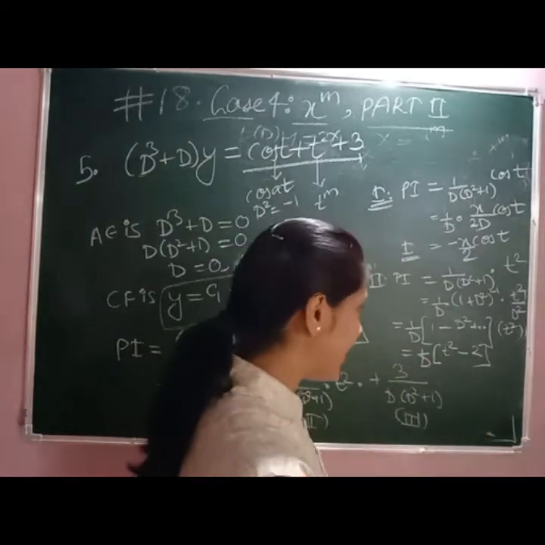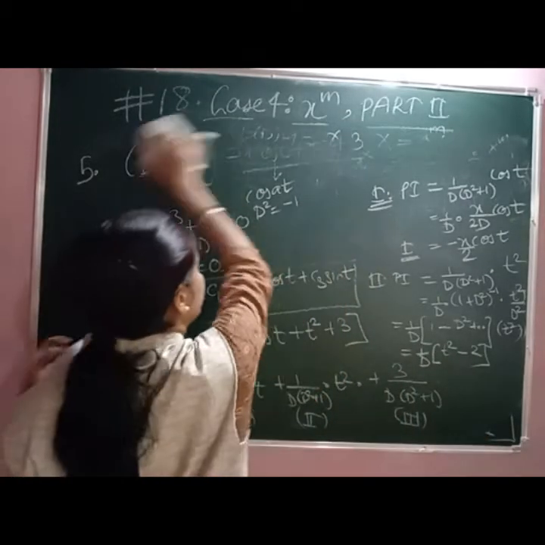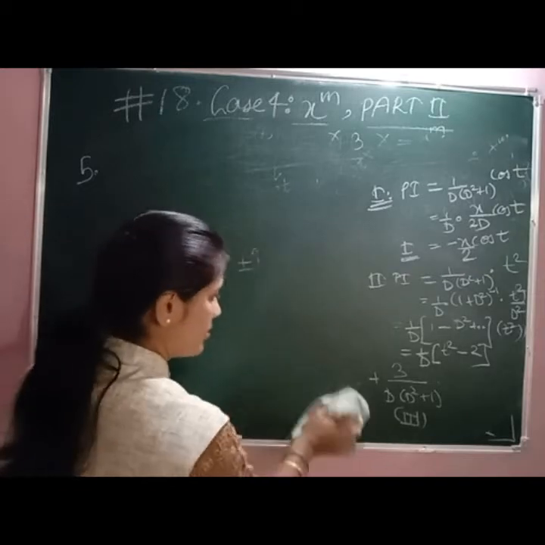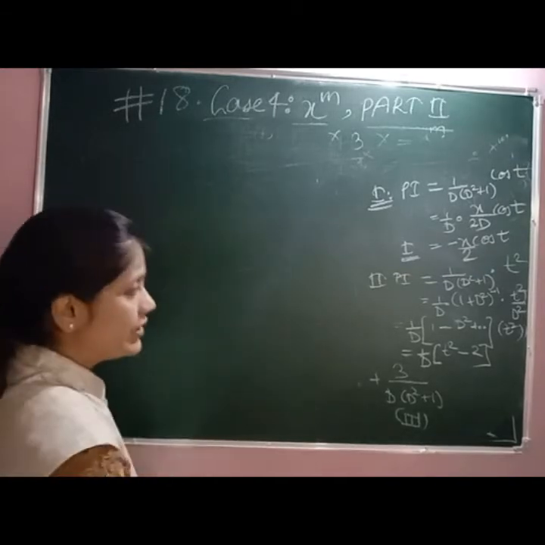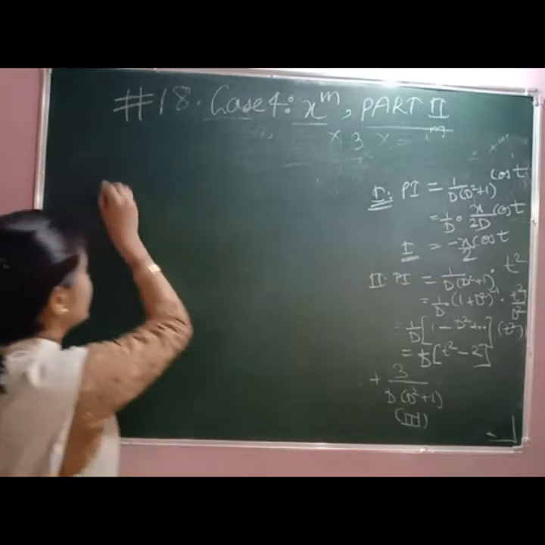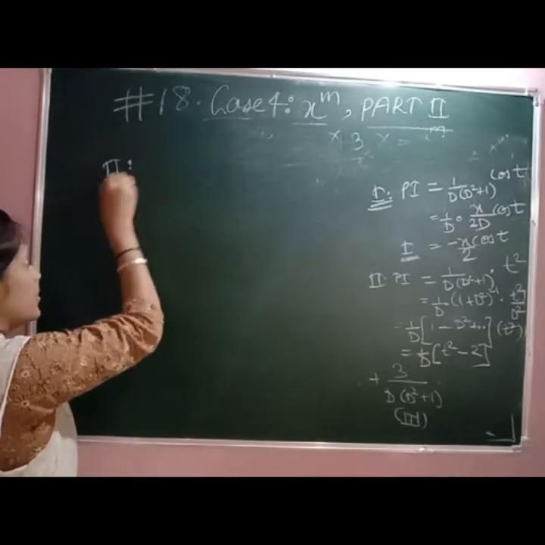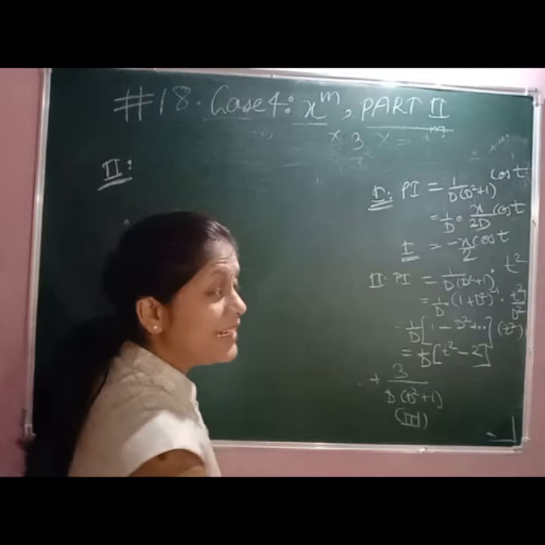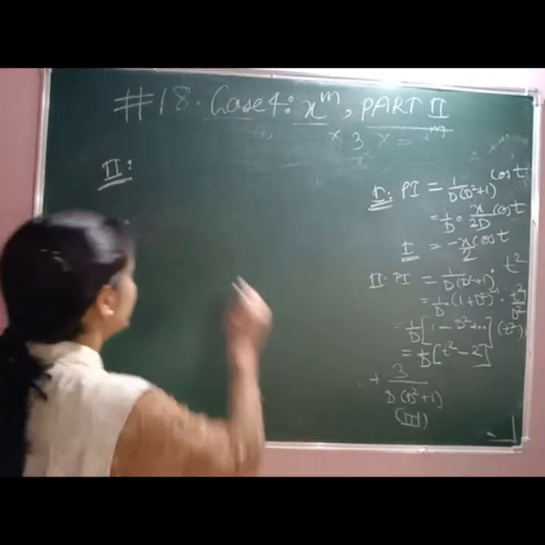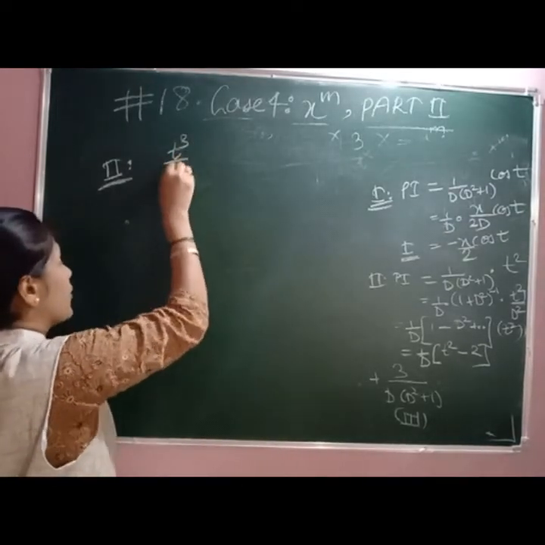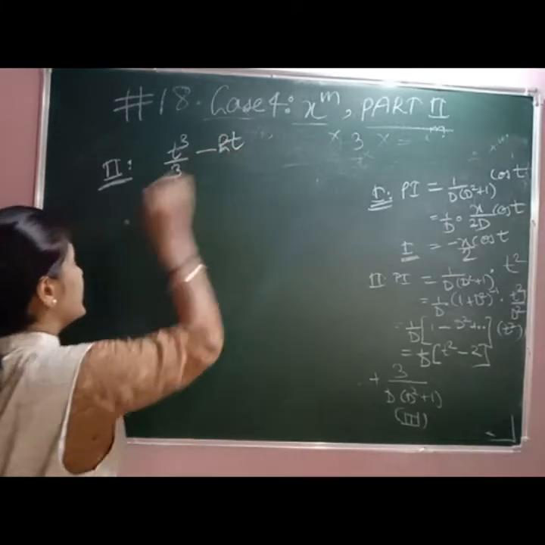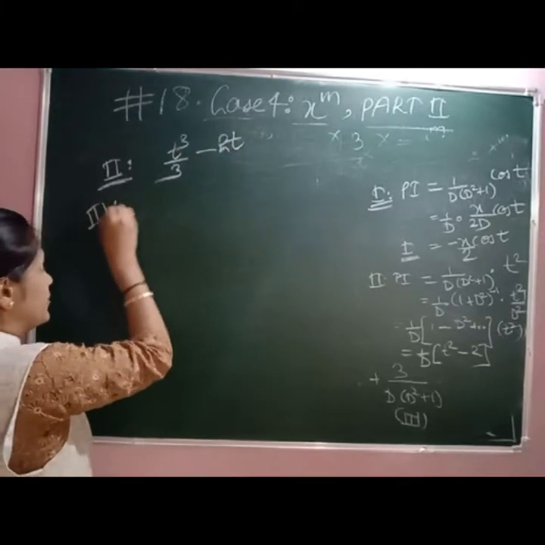So what is our second one? Second is nothing but, for the second part, PI is 1 upon D of the integration of t square, which is t cube by 3 minus 2t.